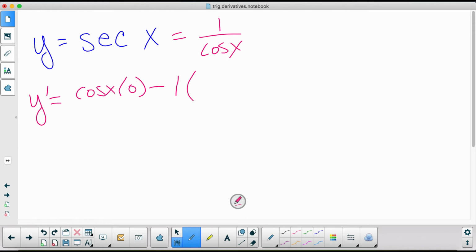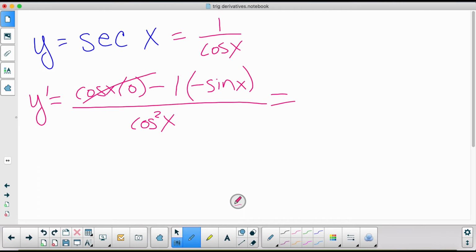Derivative of cosine, negative sine x, all over cosine squared x. Let's simplify that numerator. That piece drops. We have positive sine x all over cosine squared x.